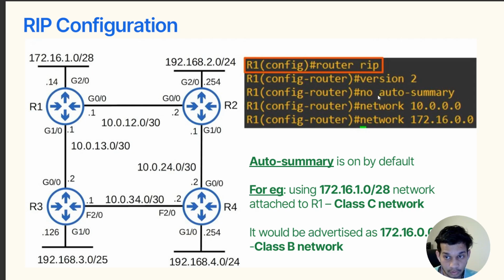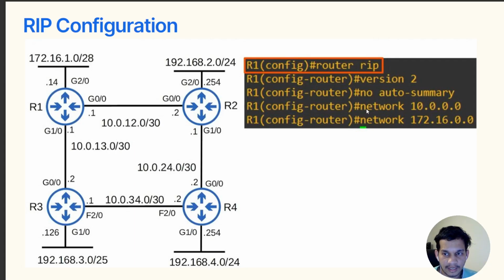If you do no auto-summary, it will take the class C address. So every time you enable router rip, use these two commands: version 2 and no auto-summary. Later we'll configure the networks. Router 1 is connected to two networks, 10.0.13.0 and 10.0.12.0.